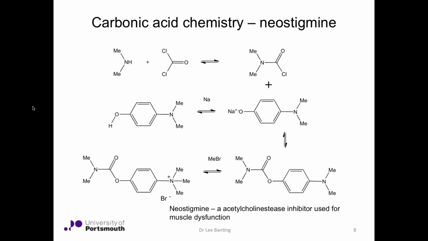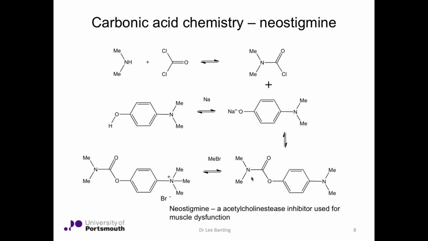That gives us an intermediate which is then reacted with methyl bromide in a nucleophilic substitution reaction. So our acid chloride has been appended to that oxygen to give this functionality. Then we're going to access this chemistry here.